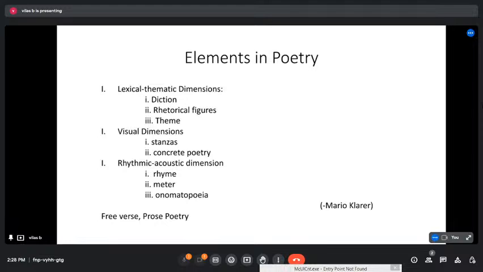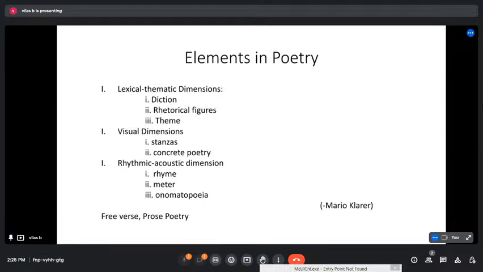That is lexis, that means words. At the level of words, words are the building blocks of any passage, any paragraph, any sentence, or any poem. I say text only here. So the words and thematic dimensions we find.